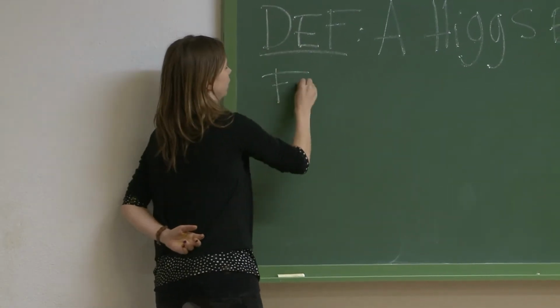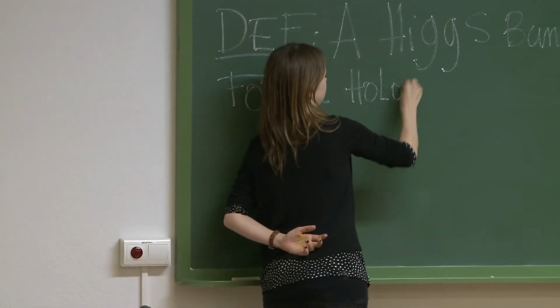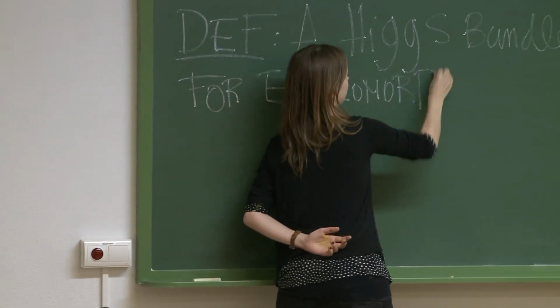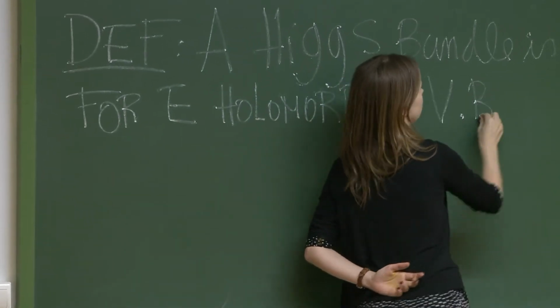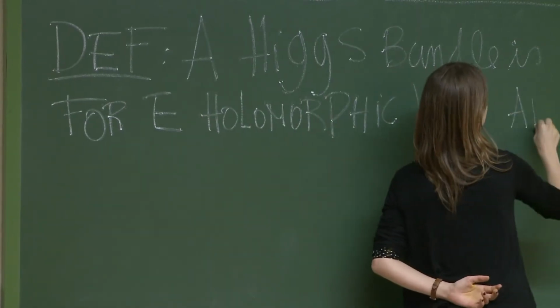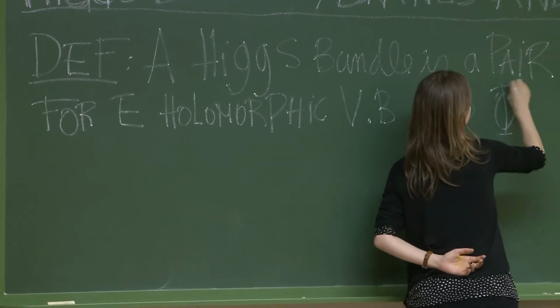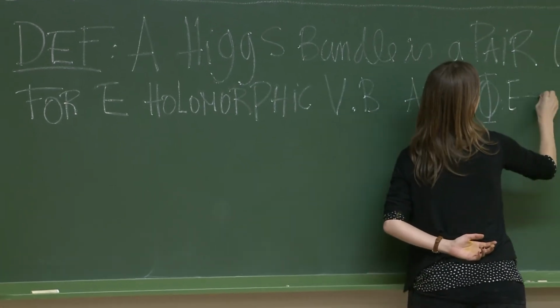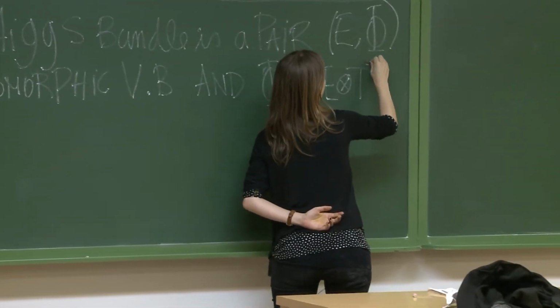So for E, a holomorphic vector bundle on our Riemann surface, and phi is a holomorphic map that goes from E to E tensored with the cotangent bundle of the Riemann surface.